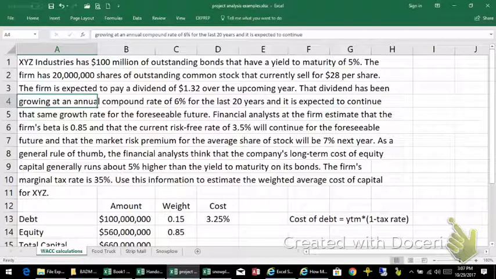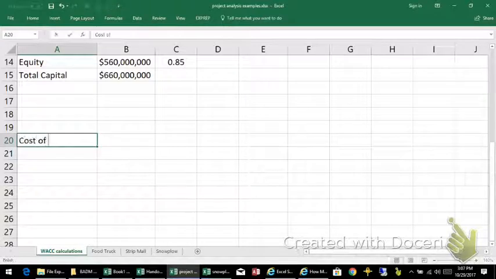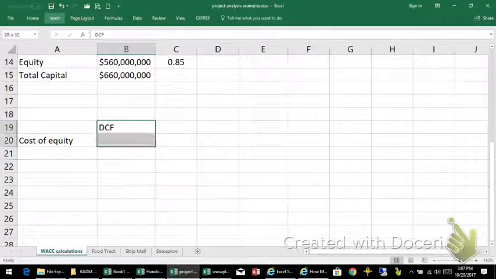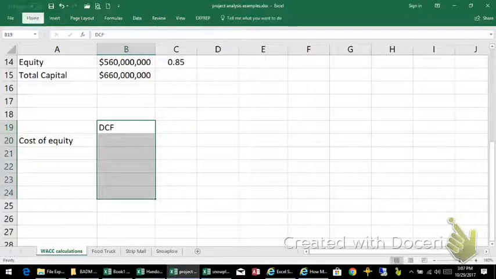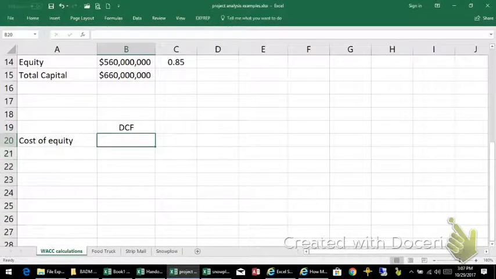So when I'm doing cost of equity using the DCF method, the cost of equity is equal to the dividend 1 year from now divided by today's price, the price at time 0, and adds that long-term growth rate.